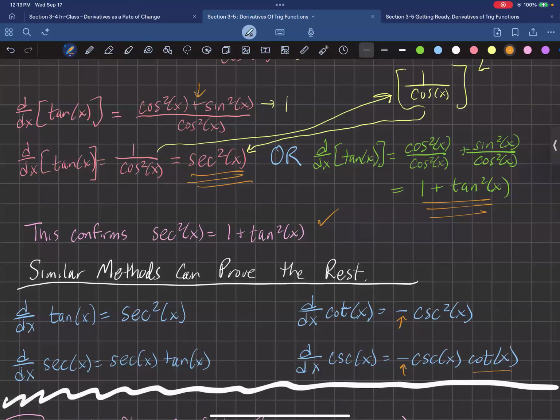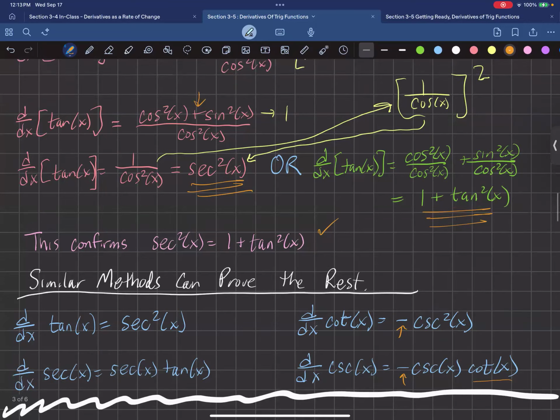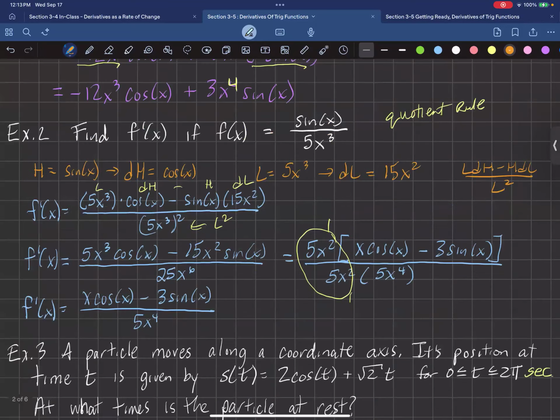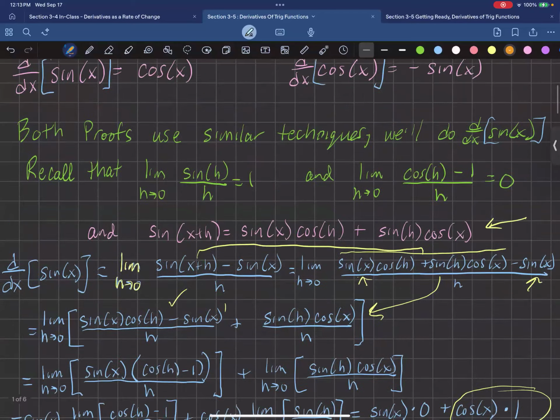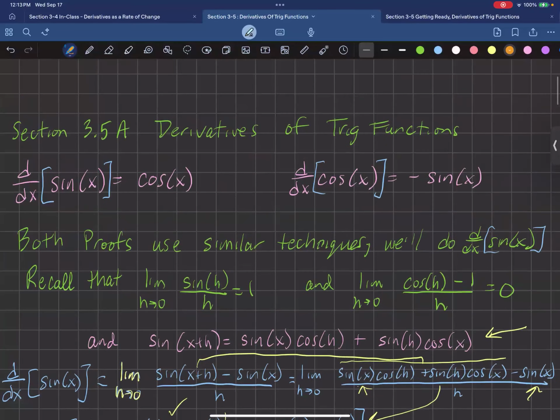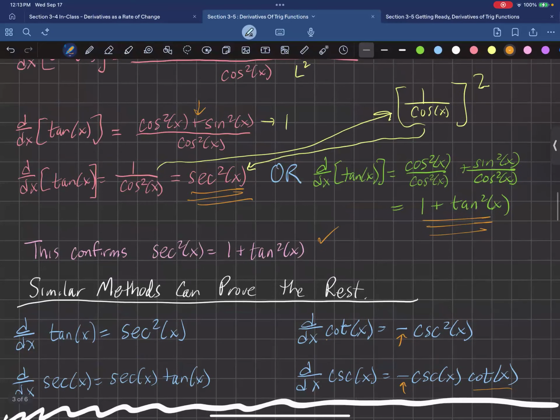One way to remember them is when you take the derivatives, and you will see this if you look up above at cosine. Right here, cosine starts with C, it has a negative. Cotangent starts with C, it has a negative. And cosecant starts with C, and it has a negative.